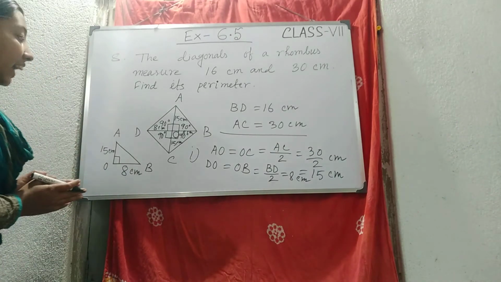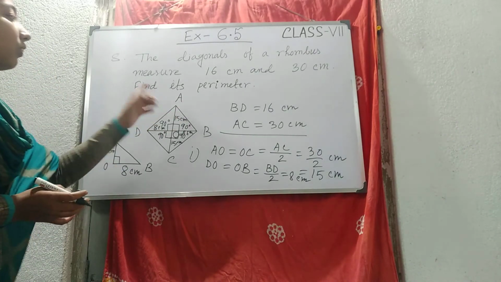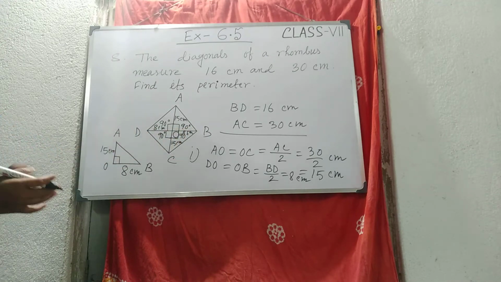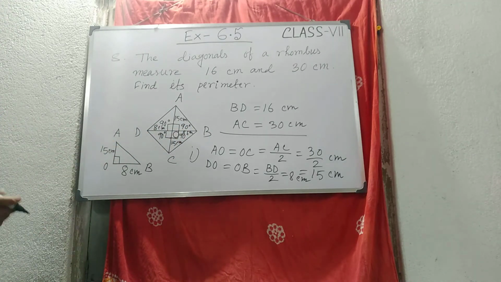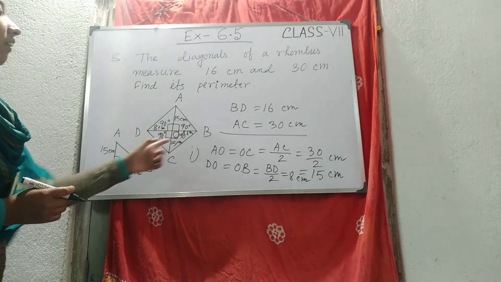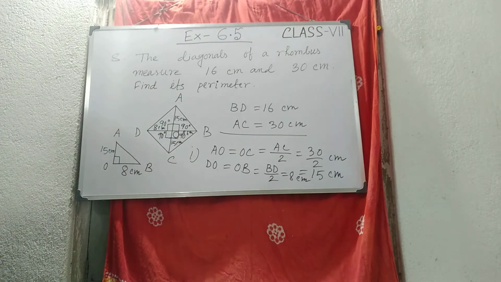How can we get AB, which is equal to one side of this rhombus ABCD?